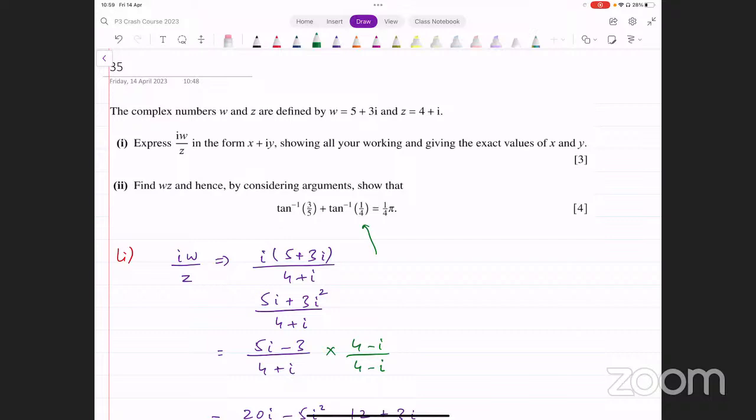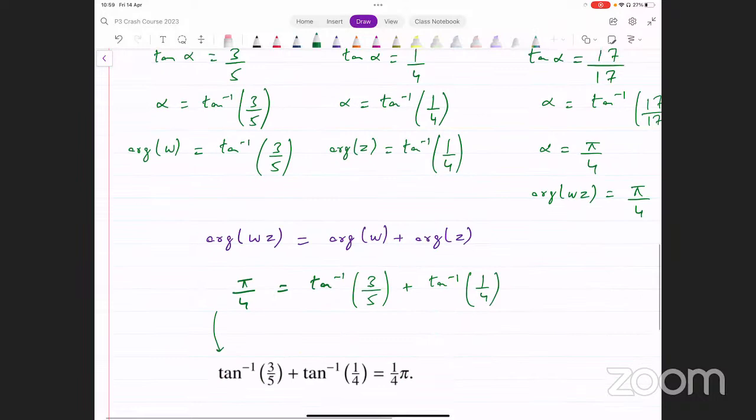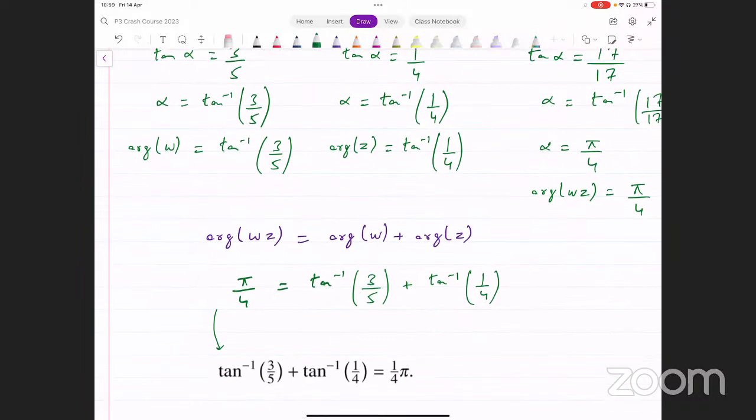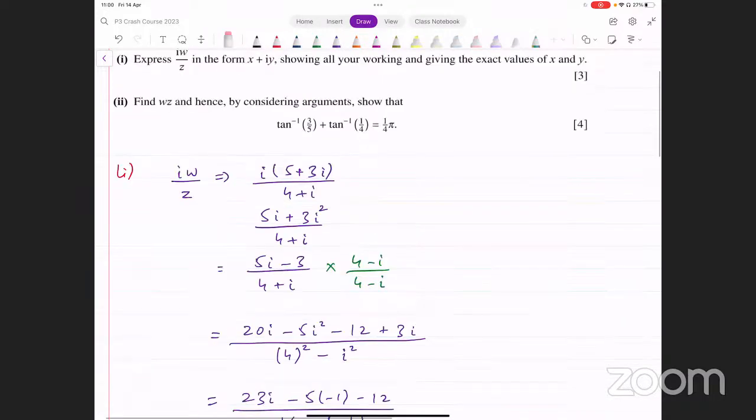In all of those cases, you'll have to use the property that we've learned here: when two complex numbers are multiplied, their arguments are added. And sometimes you'll see the division rule being used as well. When two complex numbers are divided, their arguments are subtracted. So this is how this rule is going to be used here.